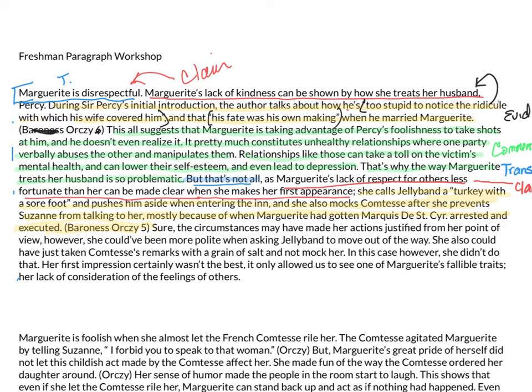She calls Jellyband a turkey with a sore foot and pushes him aside when entering the inn, and she also mocks Comtesse after she prevents Suzanne from talking to her, mostly because of when Marguerite had gotten the Marquis de Saint-Cyr arrested and executed. So, what part of the paragraph is this? Yep, this is evidence.